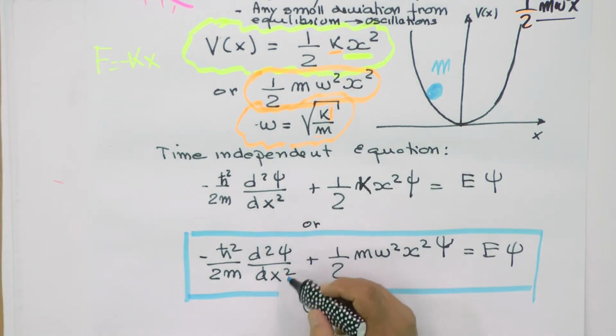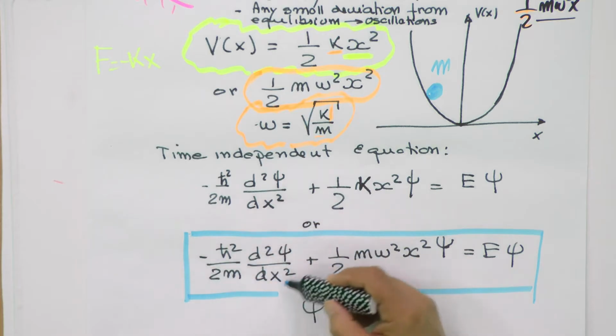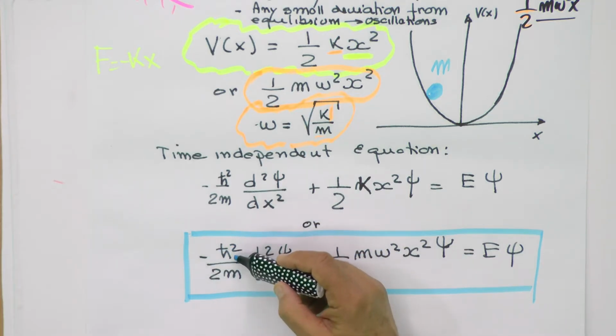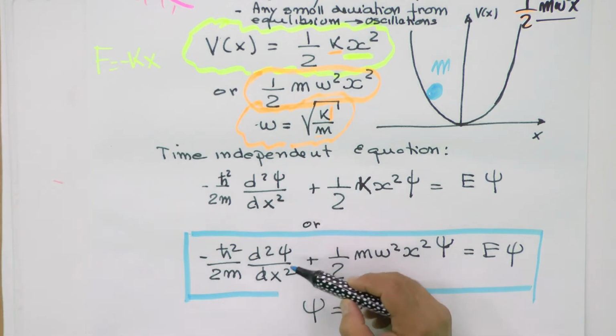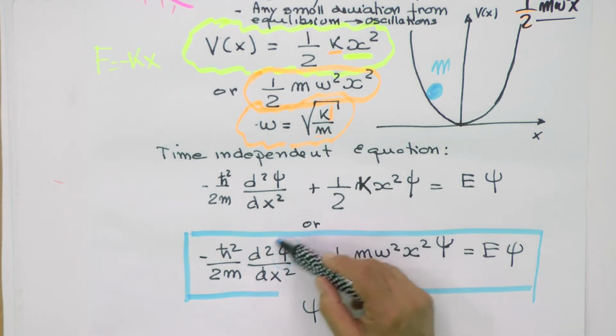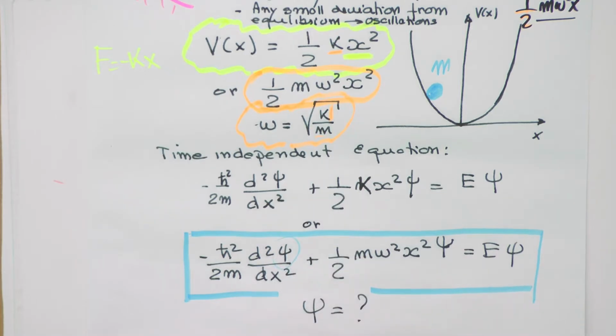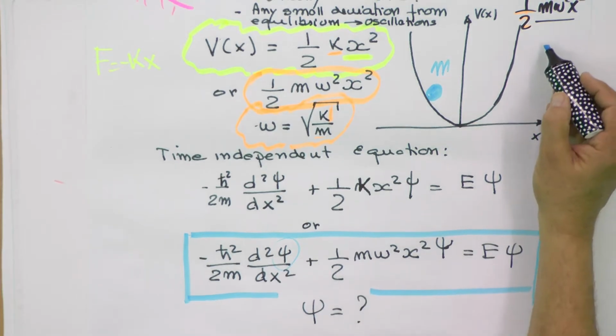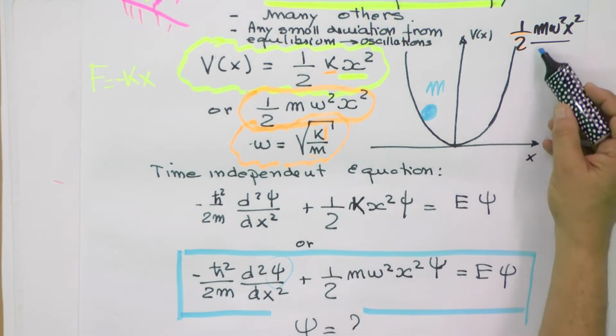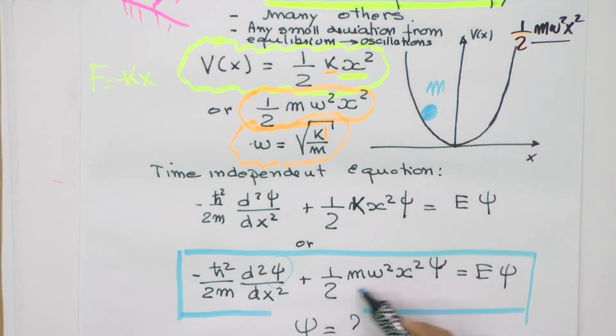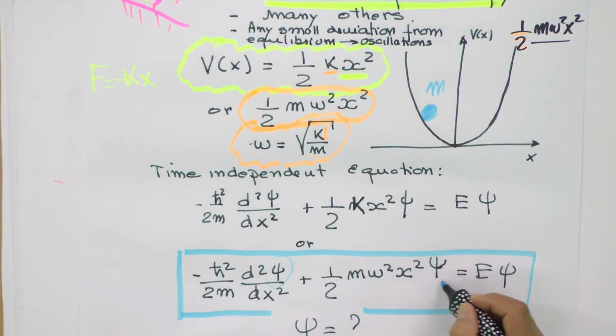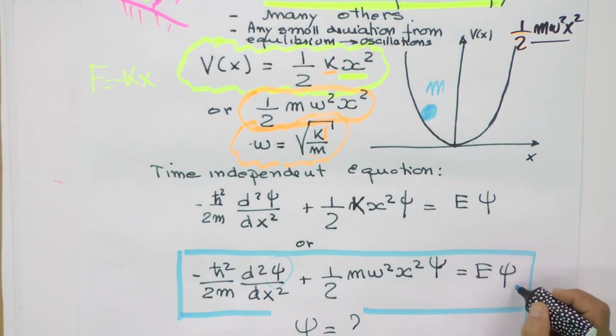And here we have the kinetic term, which is minus h bar squared divided by 2m times the second derivative of the wave function psi, plus the potential that we just wrote, half of m omega squared x squared times the wave function psi, and this is equal to E psi.